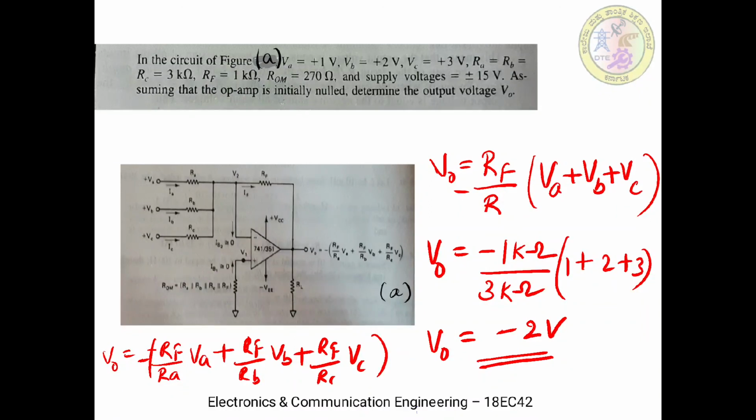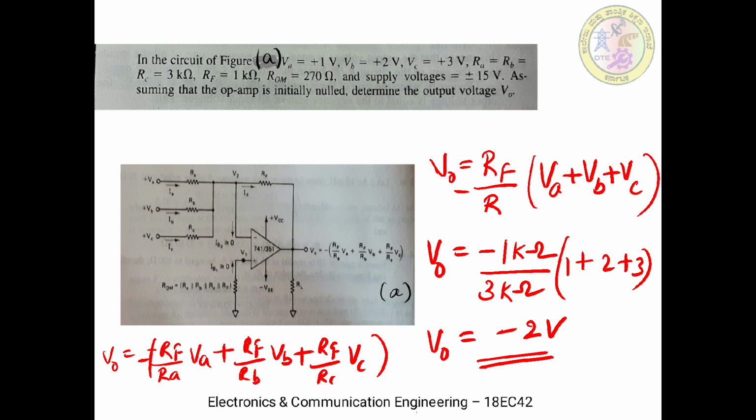This equation can be used when different resistors are used. In that case, we call it a scaling operation, because when RA, RB, RC are different, all the inputs are scaled to different levels. Even though we apply VA equal to VB equal to VC, as the corresponding resistors are different, all three inputs will be scaled to different values.